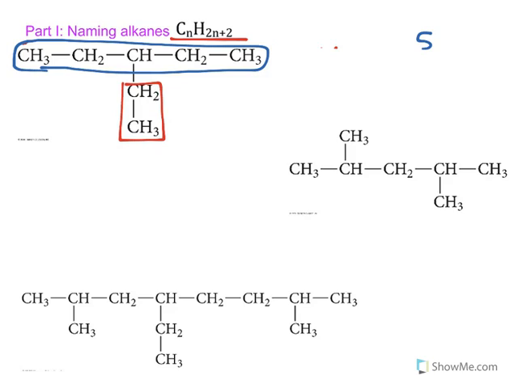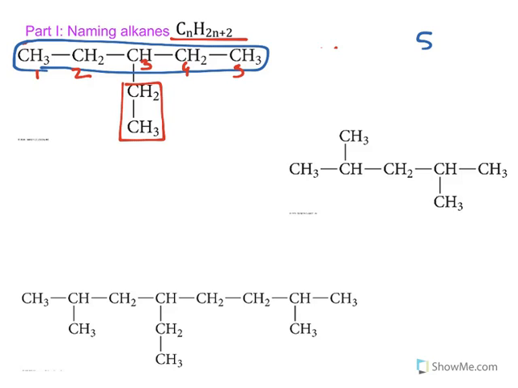Step number 3, we need to number the carbons of the parent chain from the end that gives the substituents the lowest possible numbers. Now, since this substituent is in the middle, numbering this parent chain from left or right will always give it number 3. So 1, 2, 3, 4, and 5.